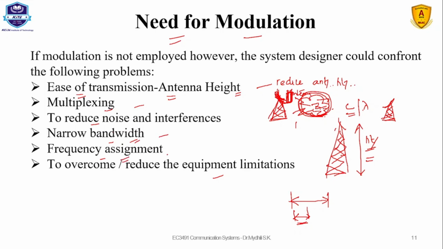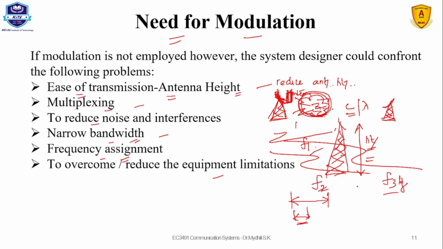The same applies to frequency assignment. My set of signal frequency transmitted through the channel will be represented as f1, another set of signal will be f2, and another set will be f3 hertz. So there are different frequency assignments for each of the signals transmitted when we go for modulation.